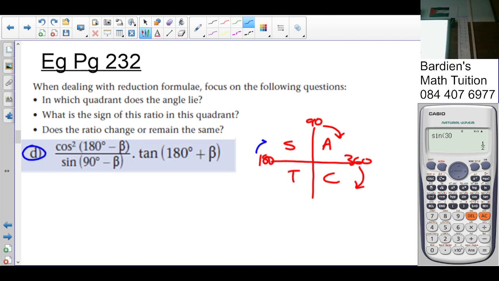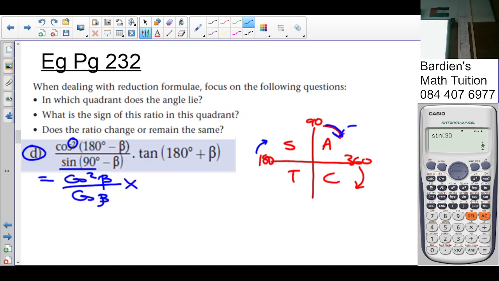The second quadrant is negative, but because of the square it remains positive. So it's cos squared beta over 90 minus, that takes you to quadrant 1. Is the sign positive or negative in quadrant 1? Positive. Does it change? Yes. Why? 90. So it's cos beta.